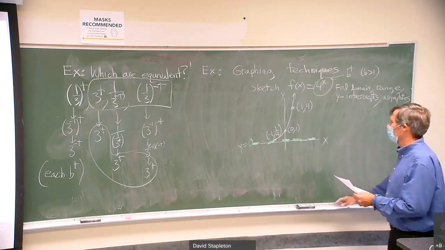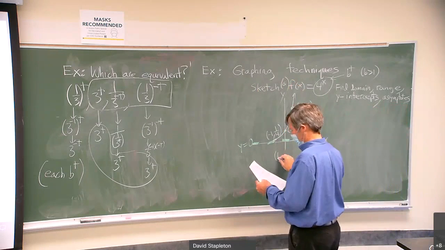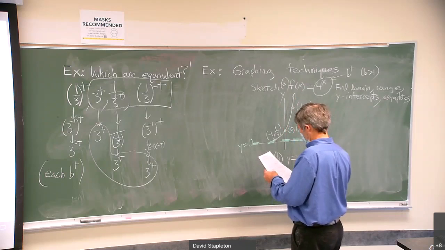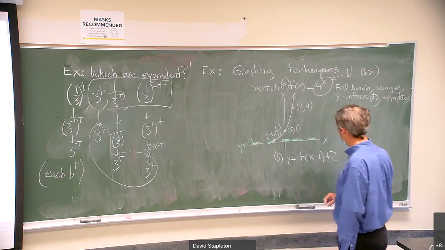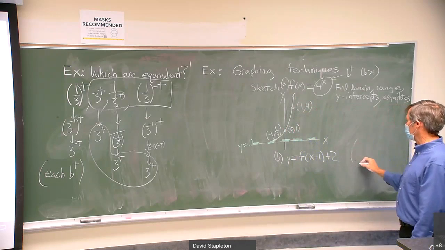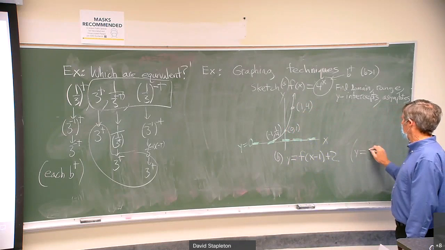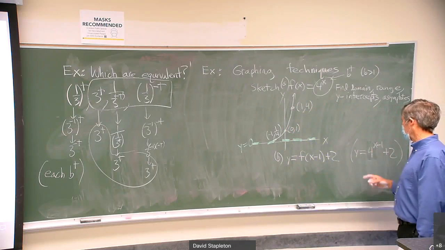Now suppose I change it a little bit and say, how about y equals f of x minus 1 plus 2. You can figure that out, that's y equals 4 to the x minus 1 plus 2. That's why we had that on the last test.